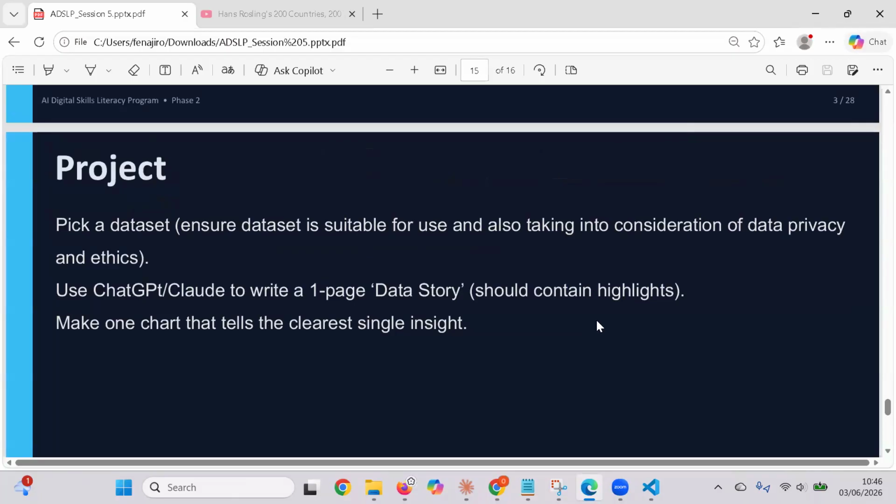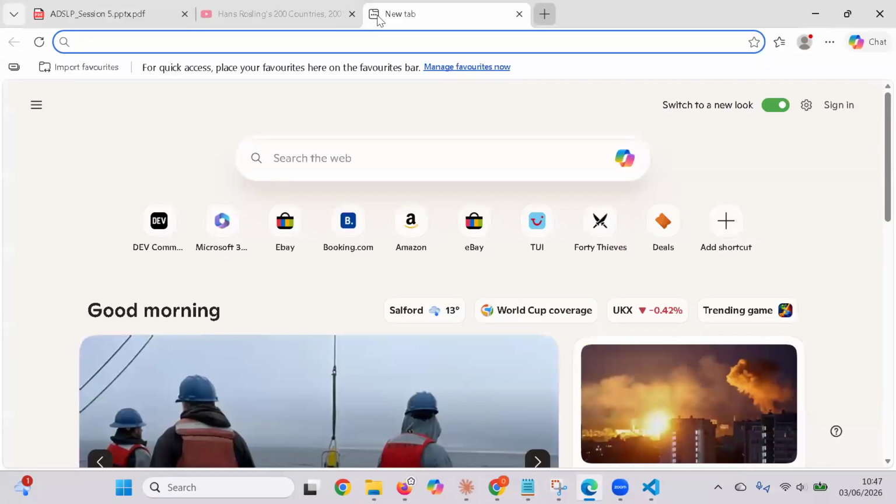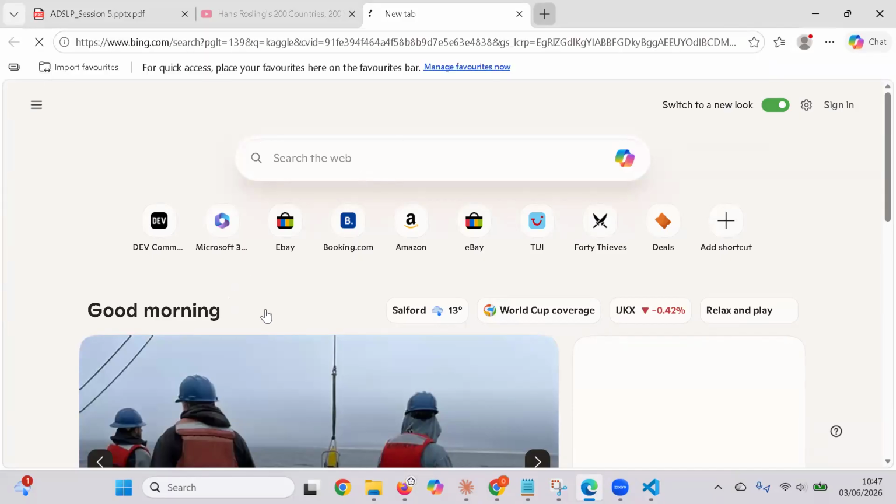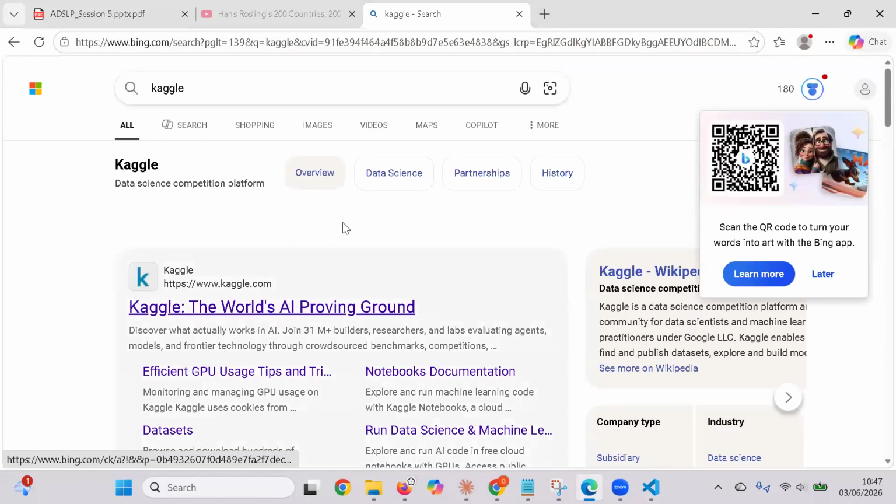So in your takeaway, while we are waiting for that to complete the last one, I will say you guys should go on Kaggle and get a data set.